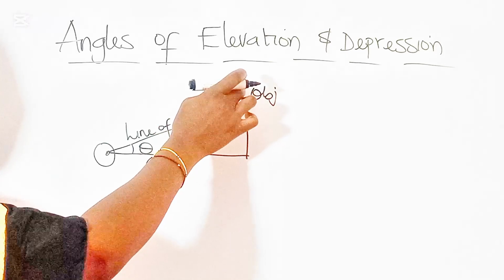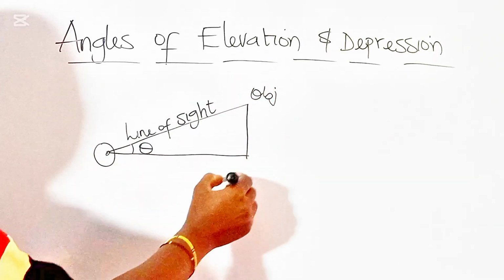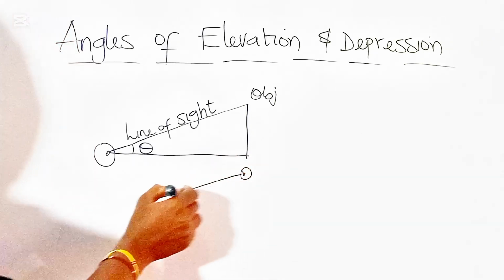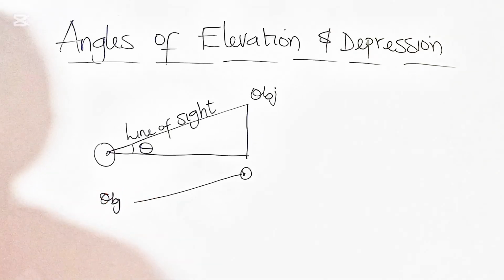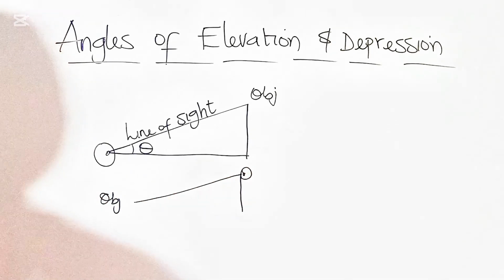If I look downwards at an object, so if this is my sight and I look downwards at an object, I am still on top of a mast or a building.